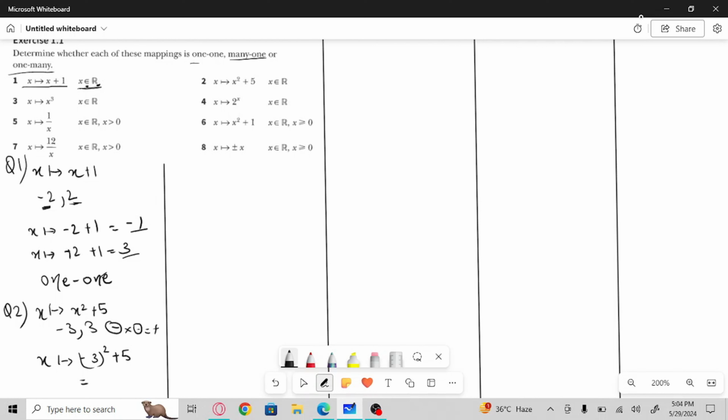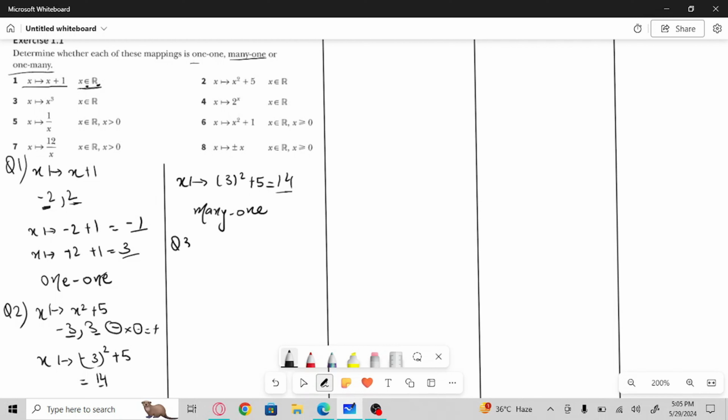So +9 plus 5 is equal to 14. And for the second input, we get 3 squared plus 5, which is again 14. So if you notice, for two different input values, we are getting the same output. So this is going to be a many-one type of mapping.